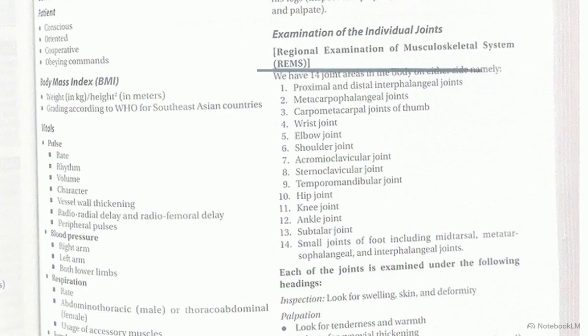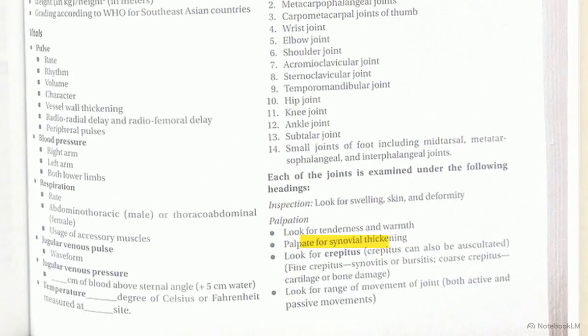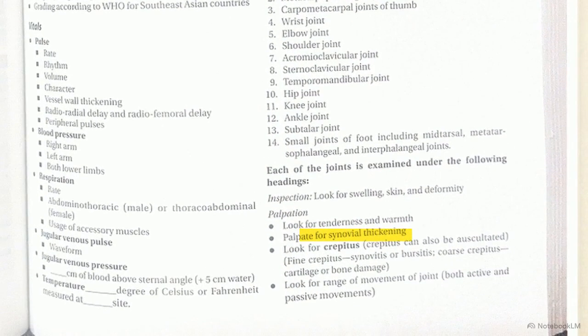This text identifies 14 joint areas evaluated during the regional examination of the musculoskeletal system. Symmetrical palpation is mandatory to find synovial thickening. This spongy texture differentiates an autoimmune attack from mechanical fluid buildup. Discrepancies in movement reveal how much cartilage is destroyed.